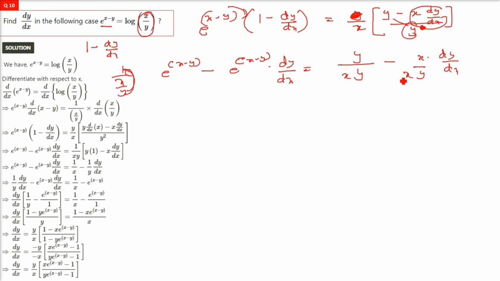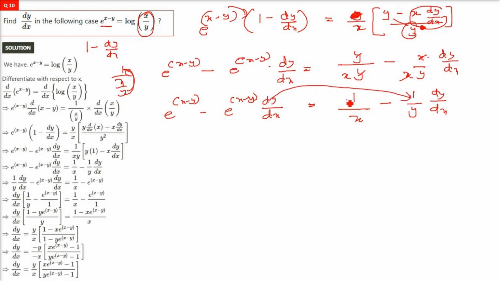So what do we get? This y gets cancelled, and this will give you 1 by x minus x gets cancelled, you get 1 by y dy by dx. Here on the left hand side we have e to the power x minus y minus e raise x minus y dy by dx. This is all algebra. Differentiation we have already done. It is just dy by dx on one side and others on right hand side.